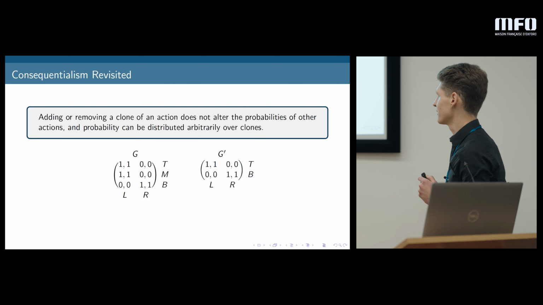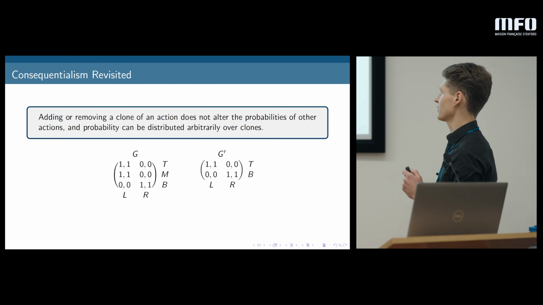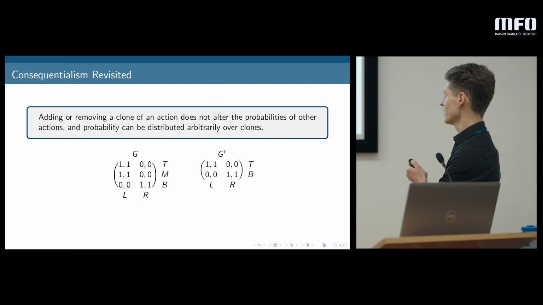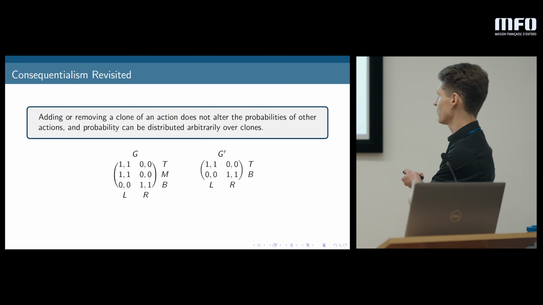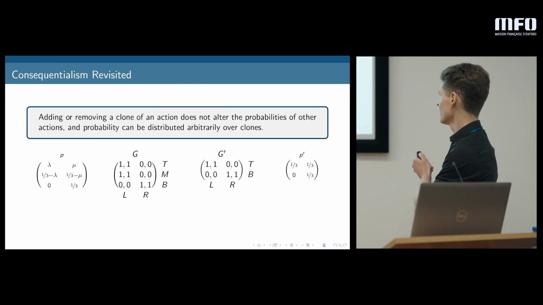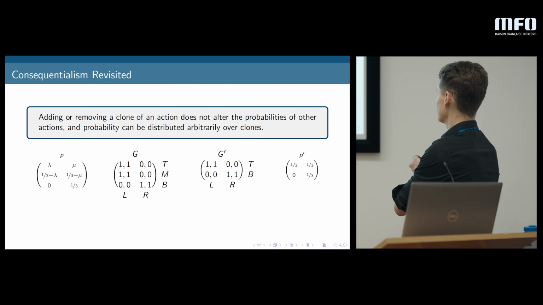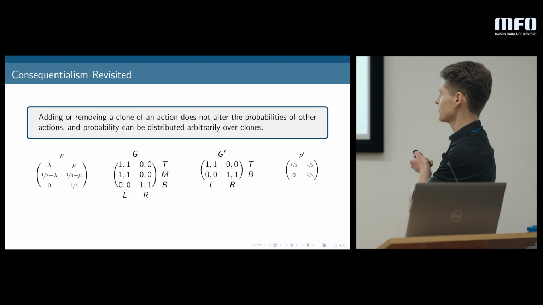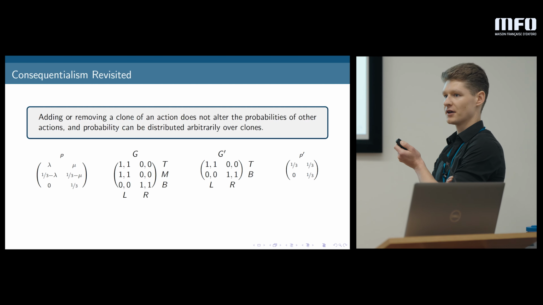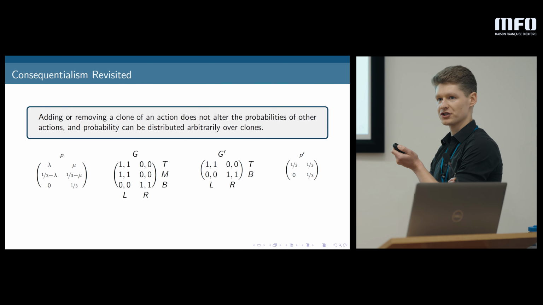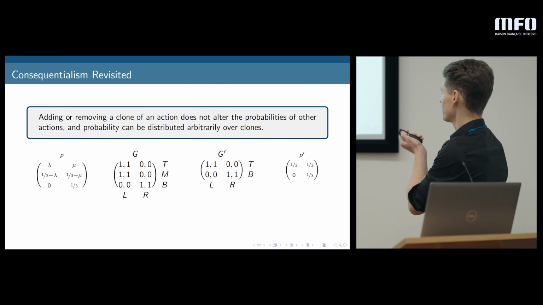Good. And then here is the revised version of consequentialism for correlated strategies. So again, two games where one is obtained from the other by introducing a clone of the first action of the row player. Now, suppose this correlated strategy profile is returned for the game G prime, then consequentialism should say, if we introduce the clone, then the strategy probabilities of the non-clones don't change.